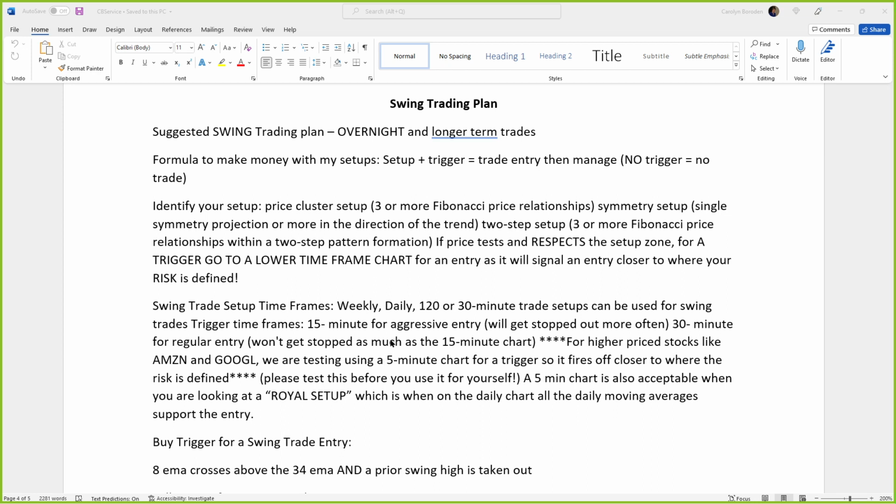Now the 15-minute chart entry is going to be more aggressive and it will get stopped out more often. So don't really use it unless you are really like a trade. But the 30-minute chart is typically better and it won't get stopped out as much as the 15-minute chart. So again, your choice, but I'd like to see at least a 15 or a 30 trigger to take something overnight.